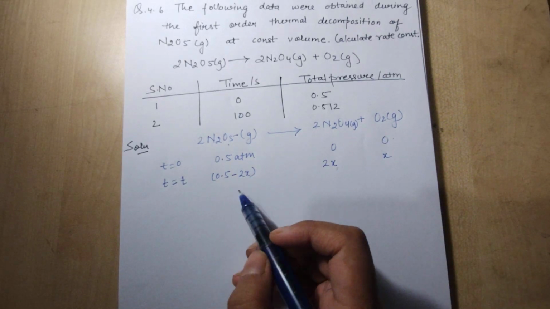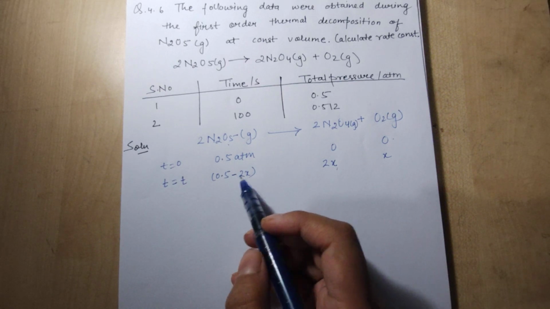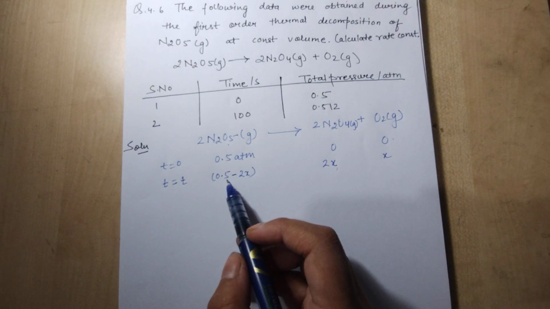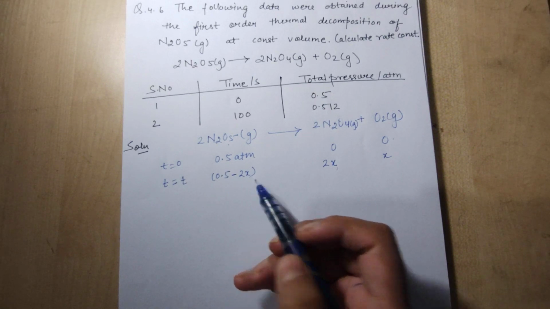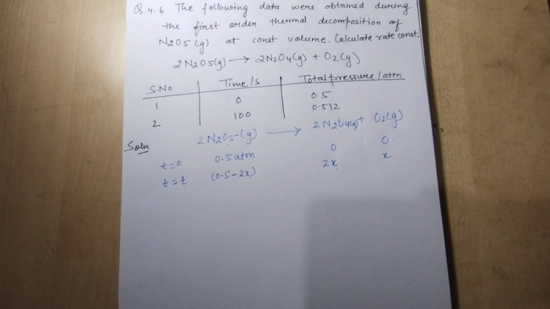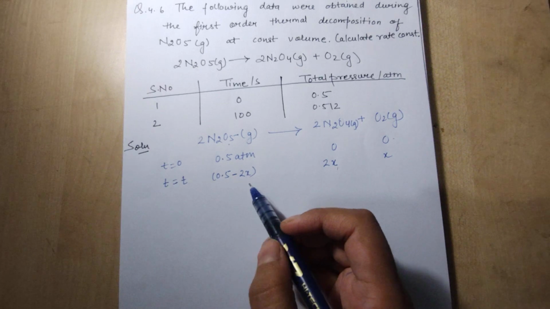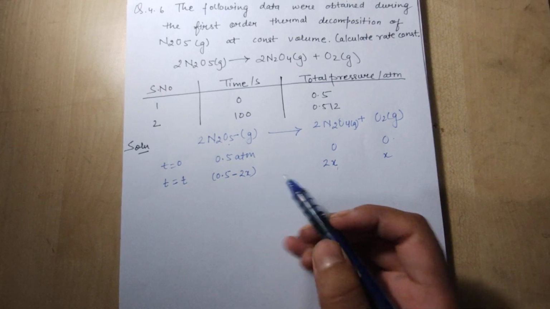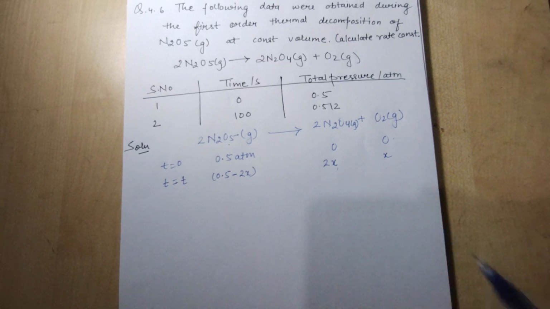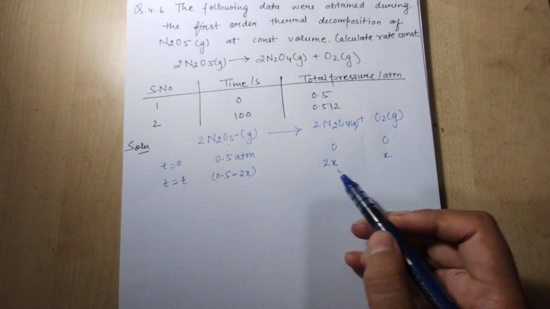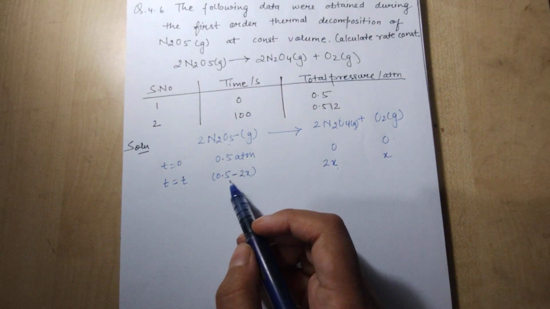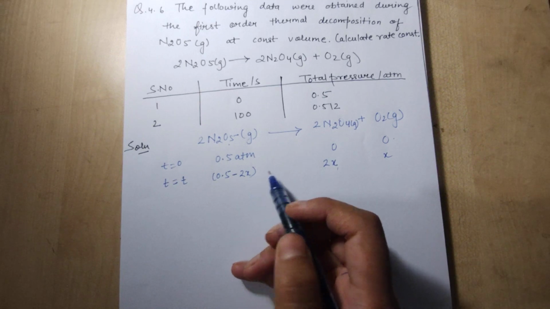The initial pressure is reduced by 2x, that is 0.5 minus 2x. As some pressure is reduced, the final pressure is formed here. So the final pressure is 2x and x, and the initial pressure is 0.5 minus 2x.